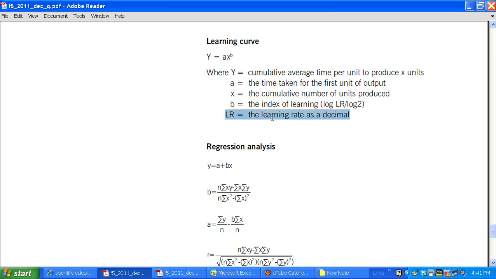And of course, you don't need to memorize it, it's given in your exam. You just need to know what the different variables mean.